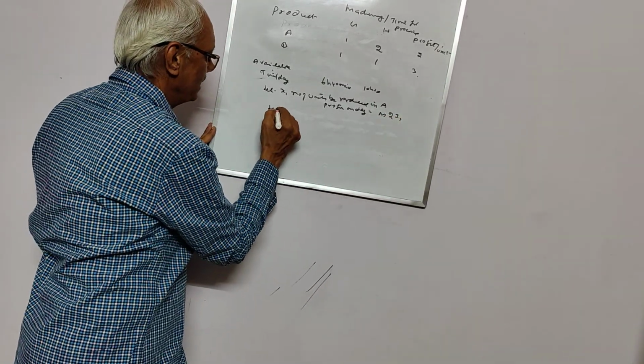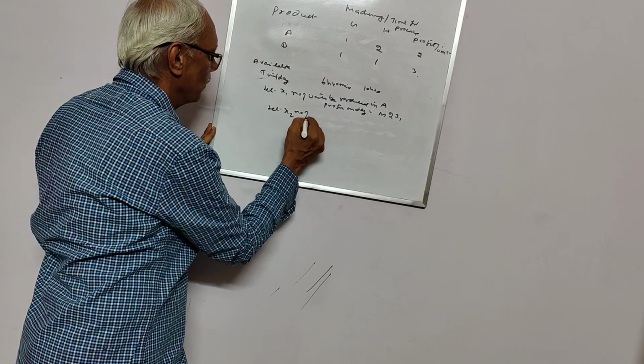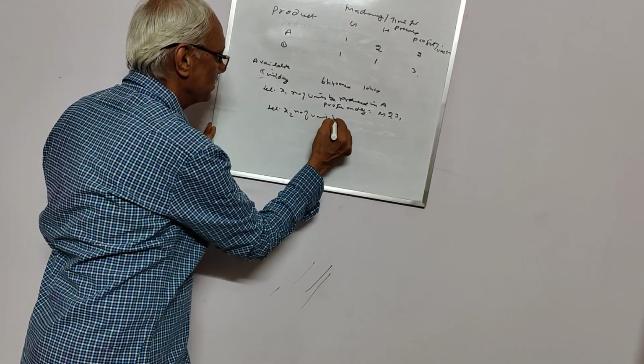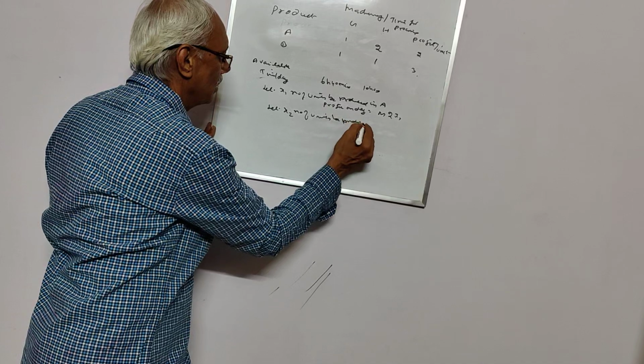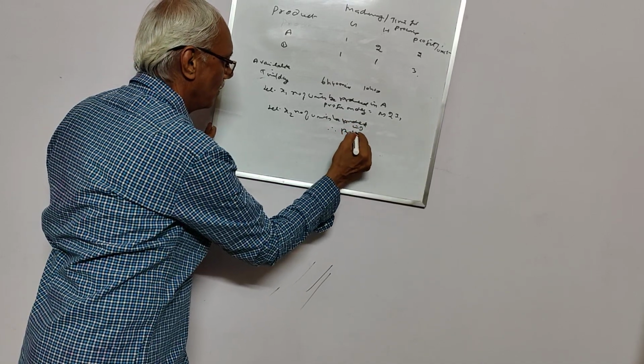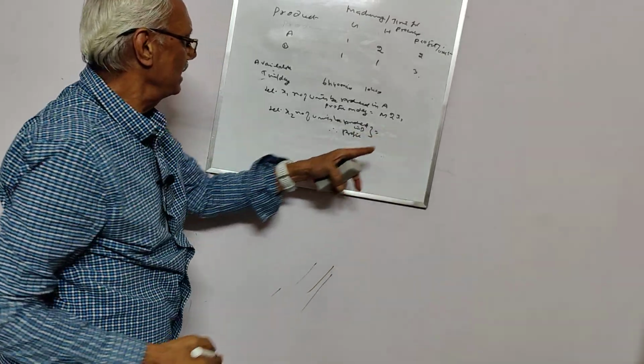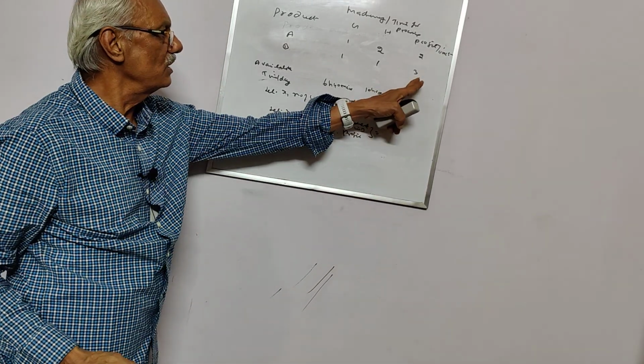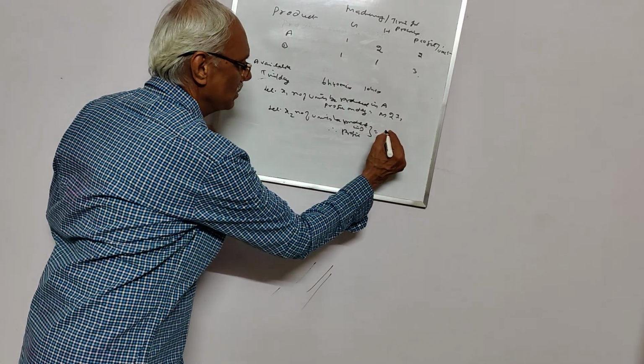And let x2 number of units be produced of B. Therefore profit: for 1 unit it is 3 rupees, for x2 units it is 3x2.